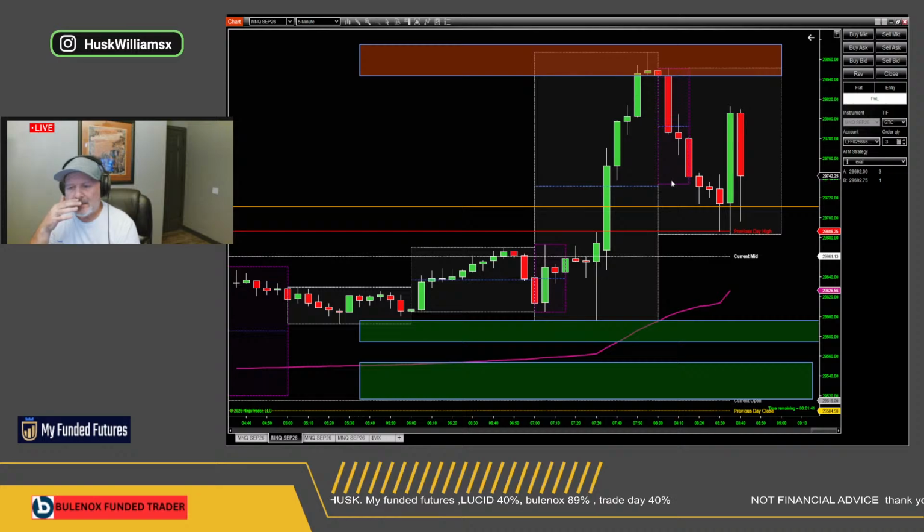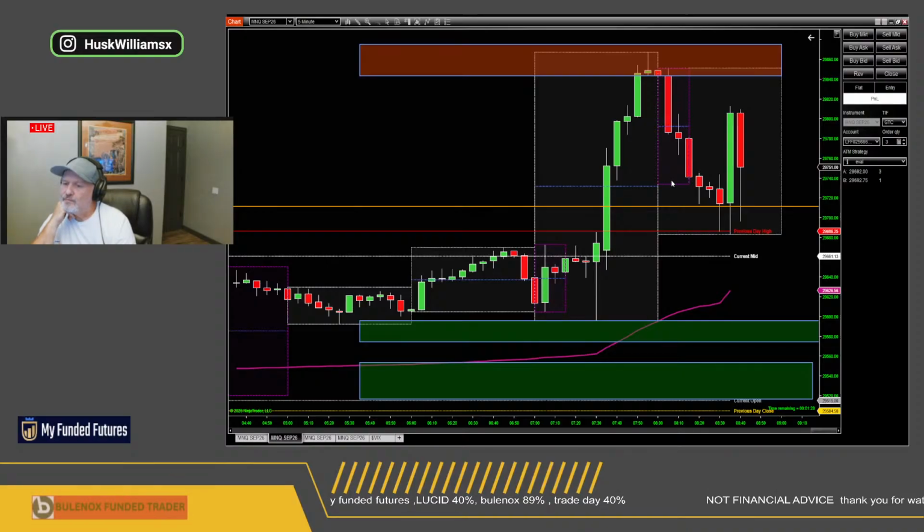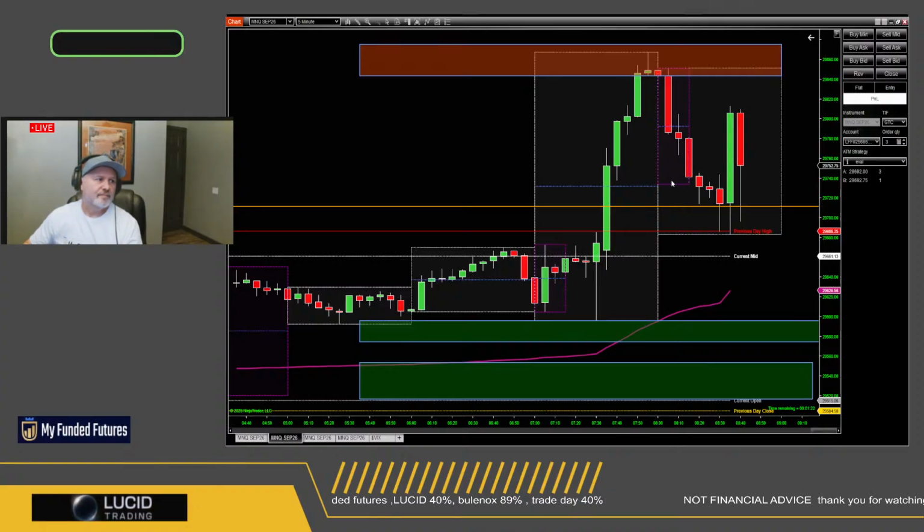This is a pretty dirty looking candle. What is that? Almost a 50-point wick, 60-point wick. See, that right there is one reason why we don't chase 5-minute candles, especially early in the morning like this, because they'll just take you out.